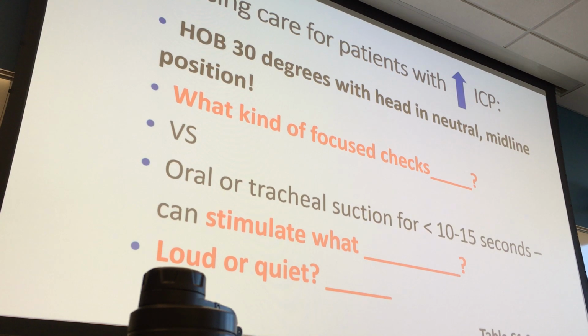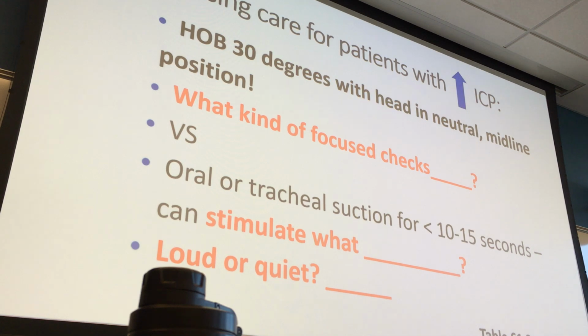What about suctioning, okay? Let's just say you have this patient in the ICU, and I don't know if you all have ever spent any time there, if you've had family or whatever the case may be. But obviously when somebody is intubated, they're going to be doing some oral suctioning, okay? If you absolutely had to do it, why is it so important to keep it to less than, say, 10 to 15 seconds?